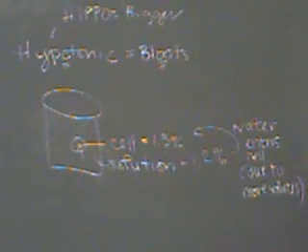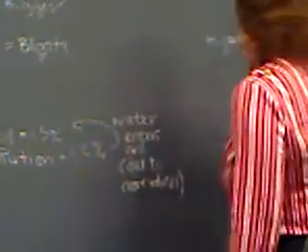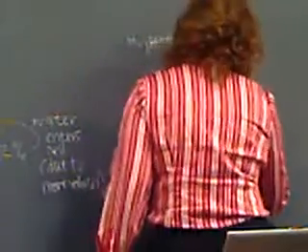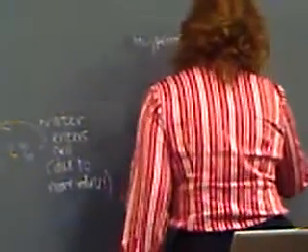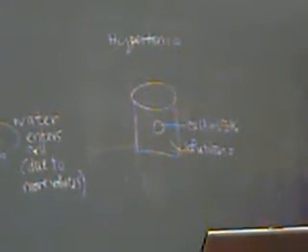Obviously, if you put a cell in a more concentrated solution, this time we've got the flip side happening. Hypertonic. So if our solution is hypertonic to the cell, give me a number.